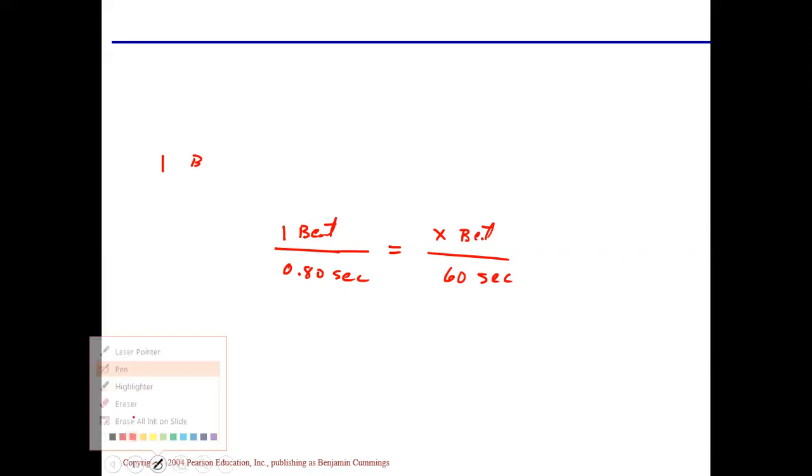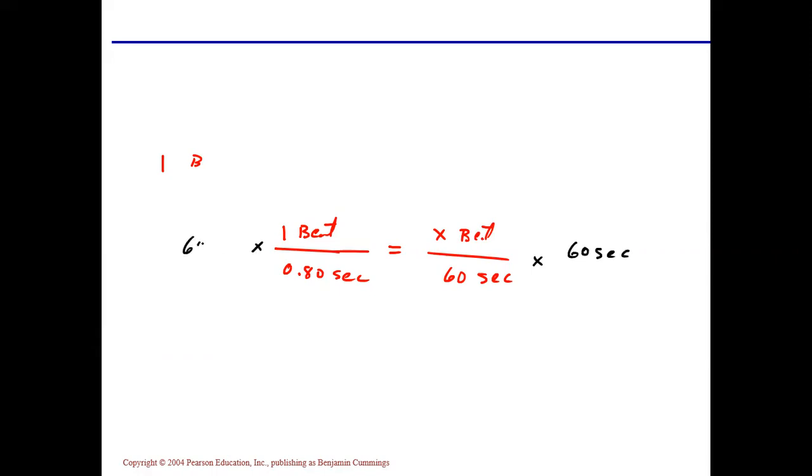Now, what do I do in here? Well, you can multiply both sides by 60 seconds. 60 seconds and 60 seconds cancel. So this equation becomes 60 seconds divided by 0.80 seconds, and that gives you the number of beats per minute.